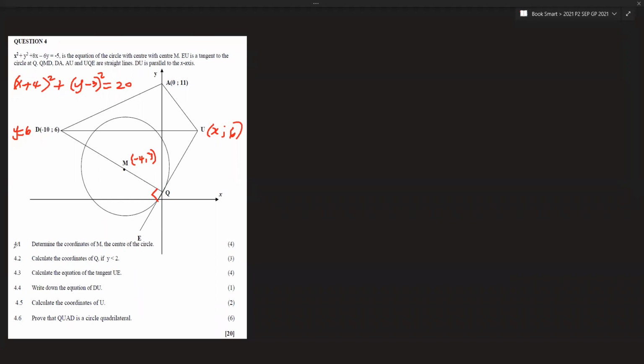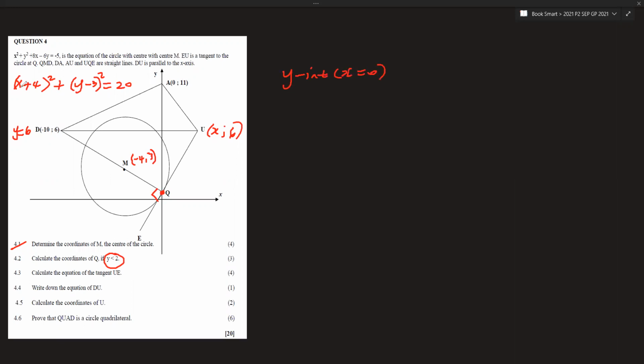This one is done. Now they say calculate the coordinates of Q if the y value of Q is less than 2. But when you look here, you can see that Q is on the y-axis, so it is the y-intercept. Remember, for the y-intercept, we make x 0.